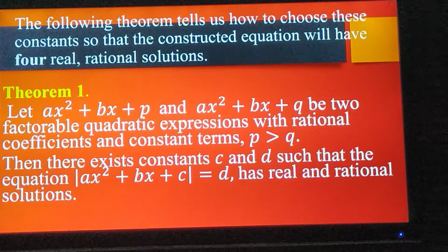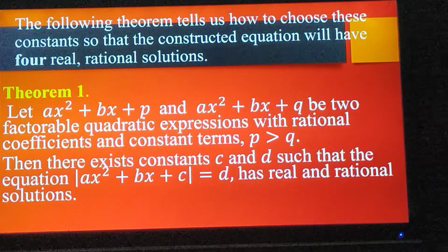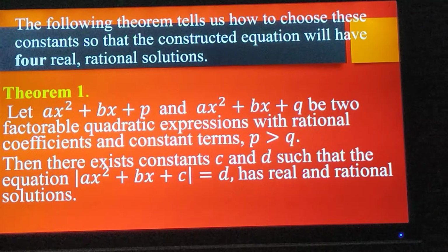Then there exist constants c and d such that the equation absolute value of ax squared plus bx plus c equals d has real and rational solutions.